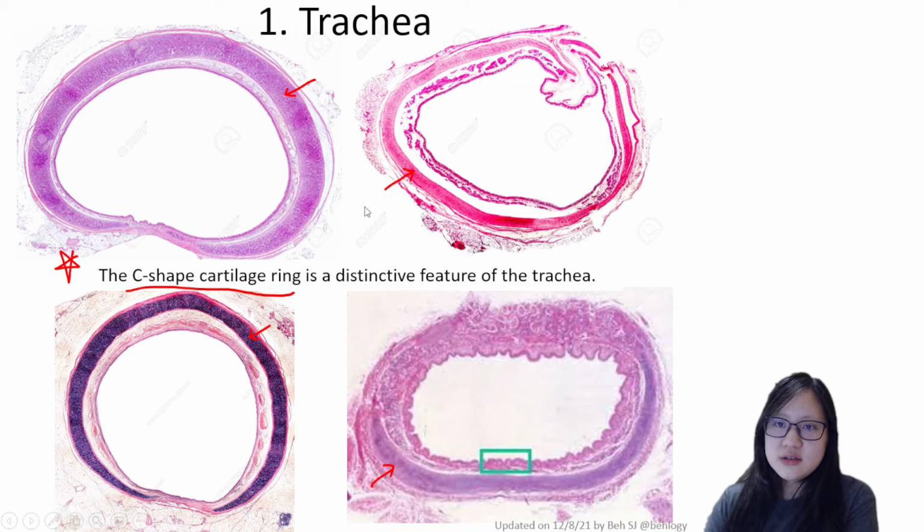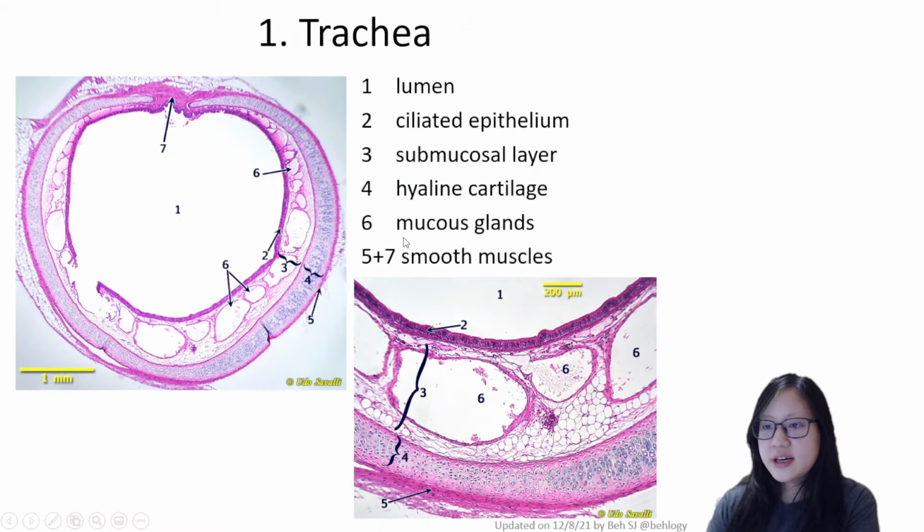All right, so this is the trachea. Let's take a closer look and label the layers as we go along, and maybe you can connect in your head what it looks like zoomed out and zoomed in. So again, let's look at the different layers. We have the lumen in the middle, obviously. Number one layer, the most innermost, would be the ciliated epithelium, labeled 2 here.